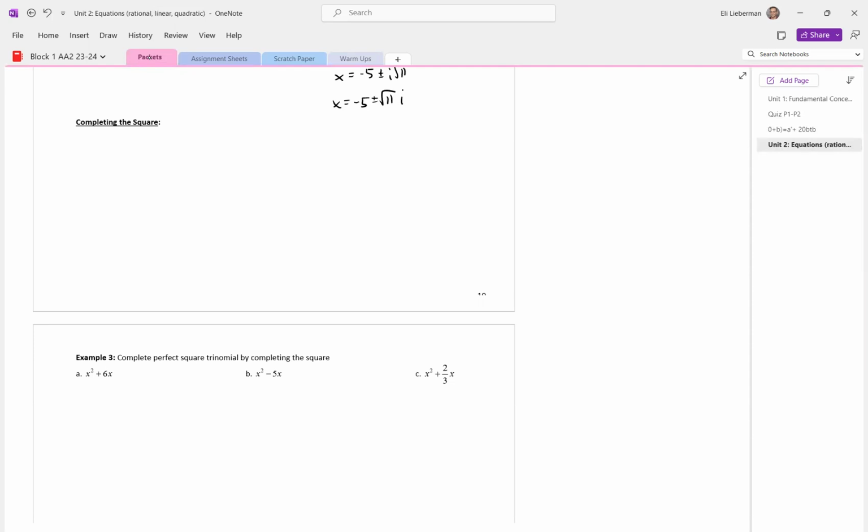I don't want to complicate things, so let's say that the leading coefficient always must be one. So let's formalize this.